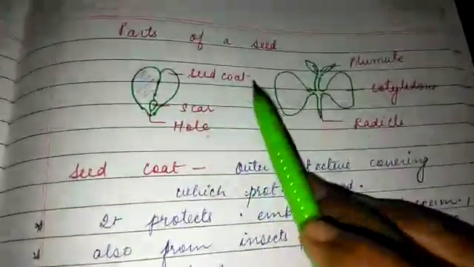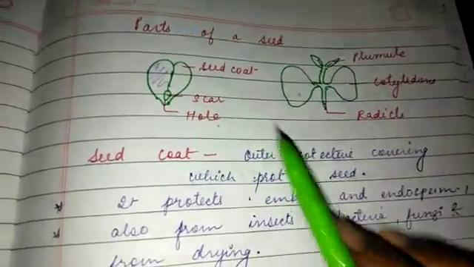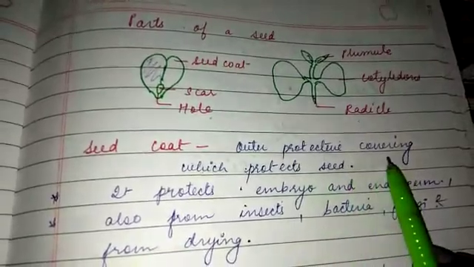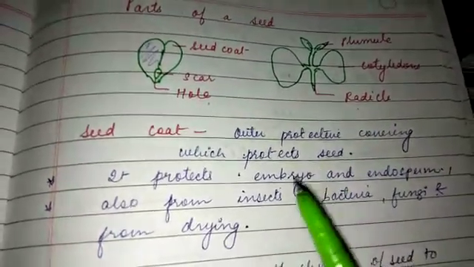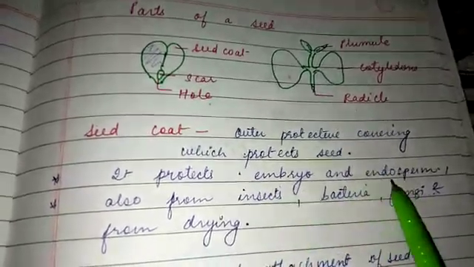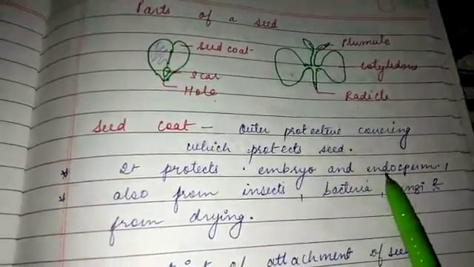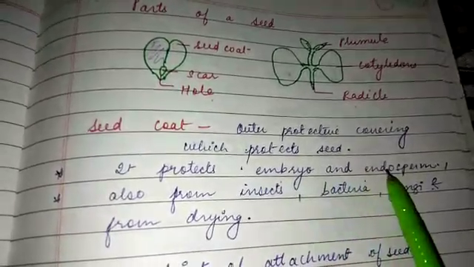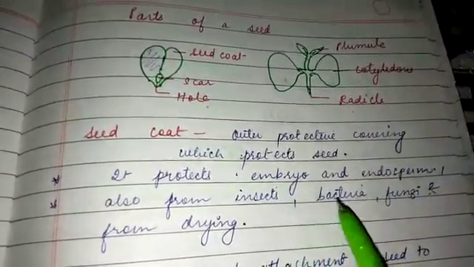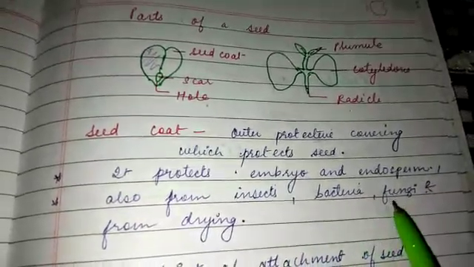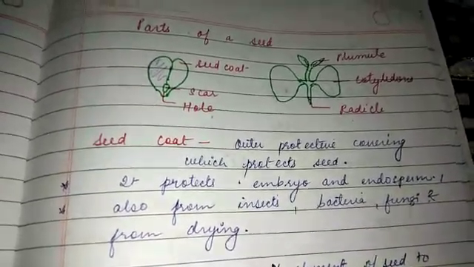Now what is the function of the seed coat? It is the outer protective covering which protects the inner parts of the seed, such as the embryo and endosperm. These two are present inside the seeds. It also protects from insects, bacteria, fungi and the seeds drying out.